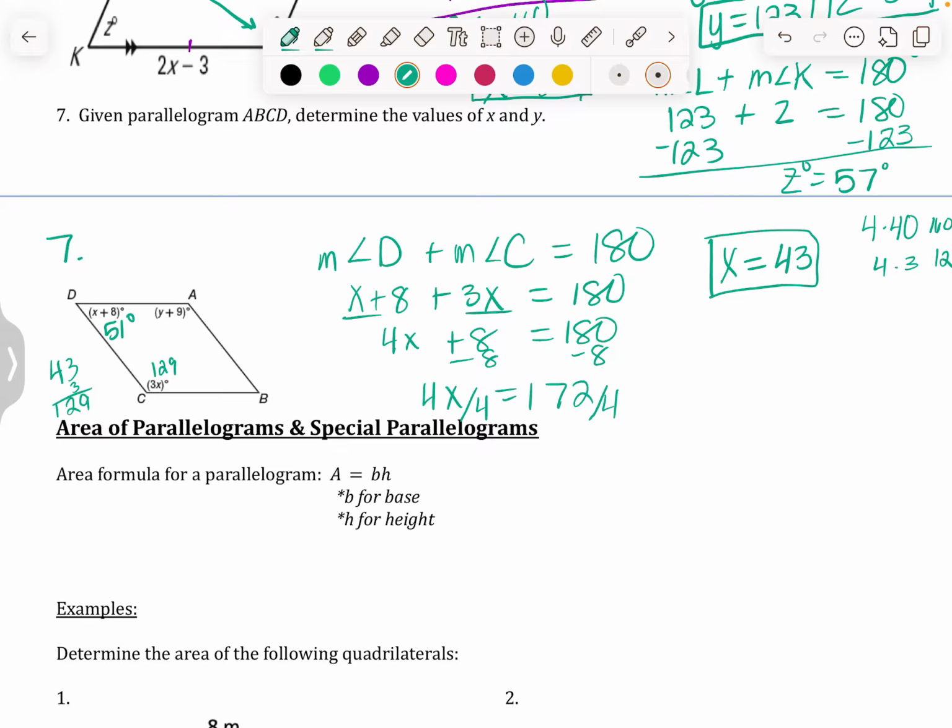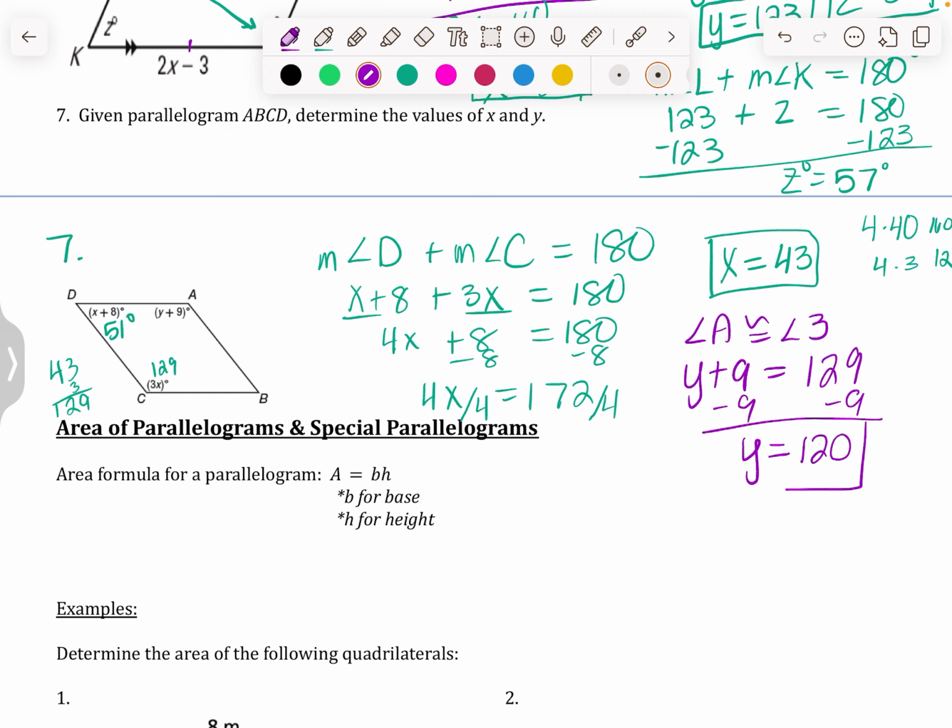And then we know that either these 2 consecutive add to 180 or that opposite angles have to be equal. So since I did consecutive for the last one, I think I'll do opposite angles have to be equal. So angle A has to be congruent to angle C. So that means that y plus 9 has to equal the 129 degrees. So subtracting 9 would give me y equals 120.